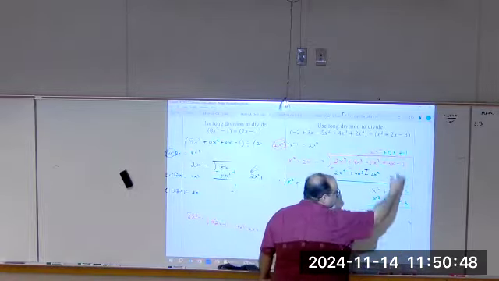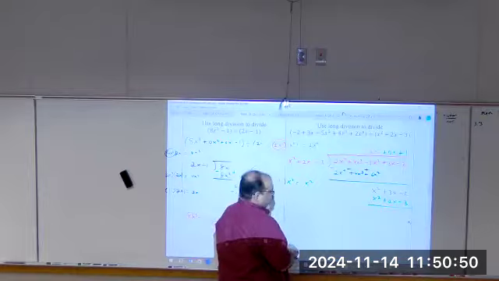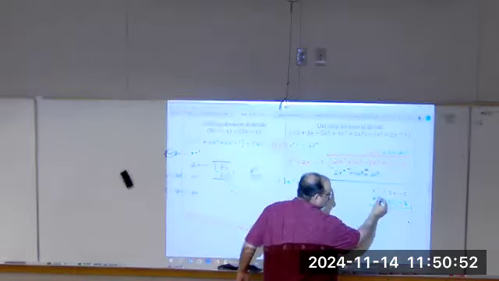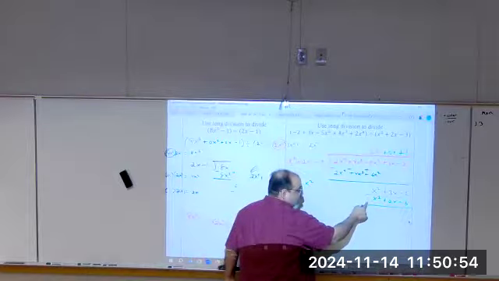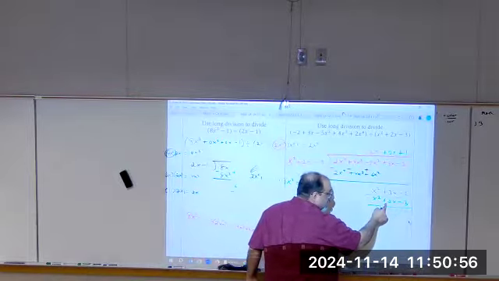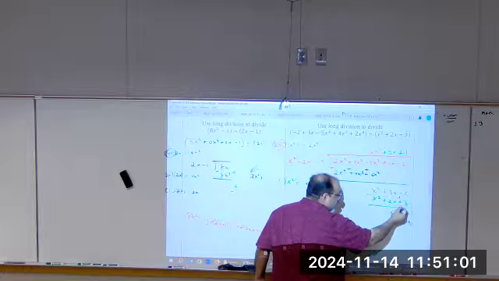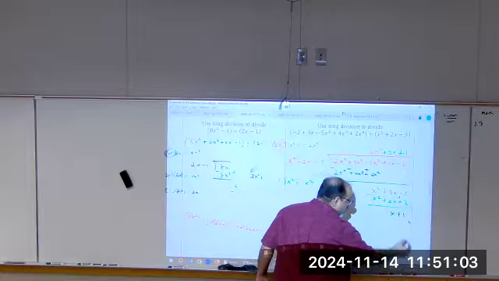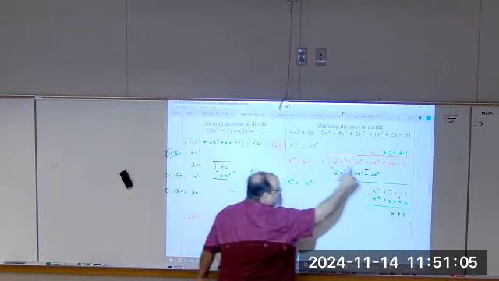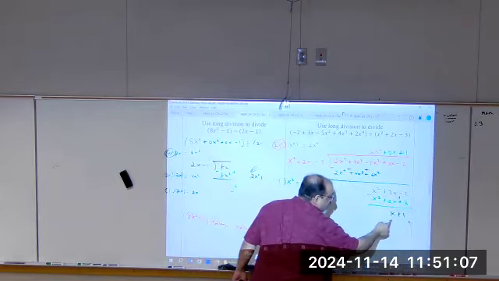But that's why you're checking each place. Cancel out. 3x minus 2x is 1x. Negative 2 minus a negative 3 is a positive 1. X squared can't go into x to the first. This is my remainder.